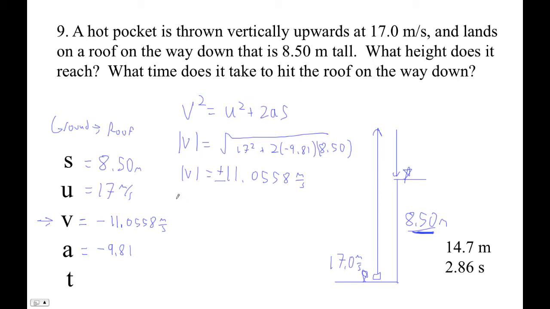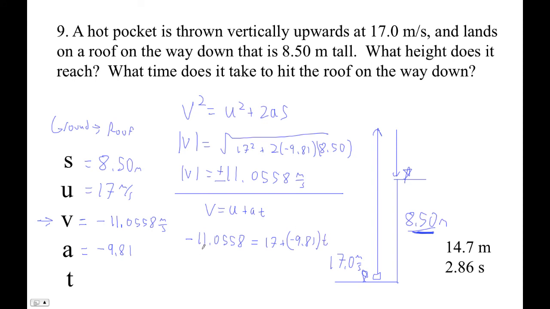Now I can find the time using, I can just cheat, right? I'll use v equals u plus at. Now basically I'm doing the work of the quadratic equation. This is the b squared minus 4ac kind of a thing that we're doing. And now we're doing the this and the that, right? Okay, so let's see. The final velocity, negative 11.0558, is 17 plus negative 9.81 times t.